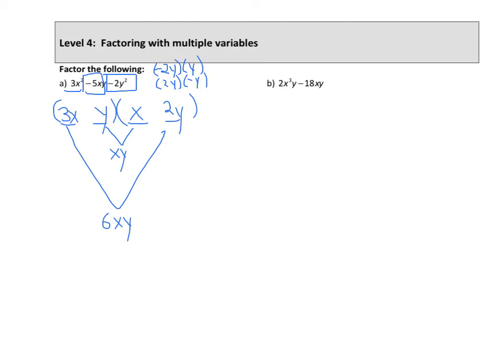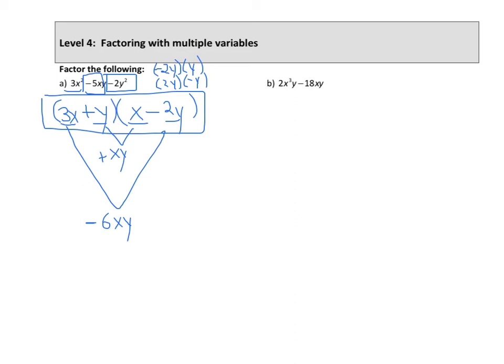And which one do I want to be negative? I want the bigger one to be negative. Negative 6xy plus positive 1xy would give me negative 5xy. So I need to put the negative sign right here and then a positive sign over here. And there we go.